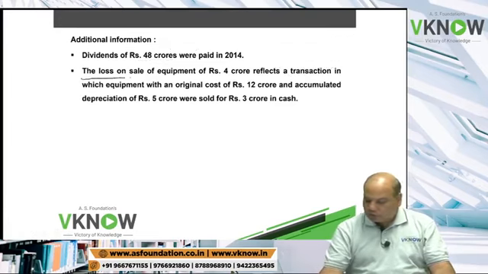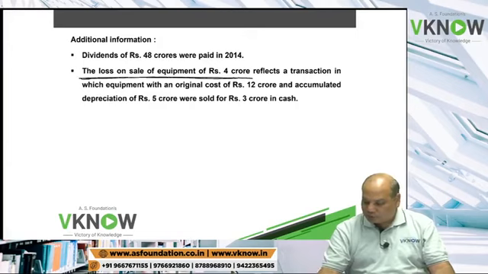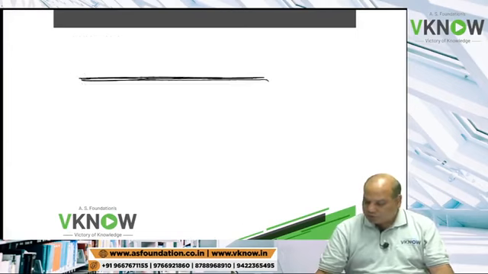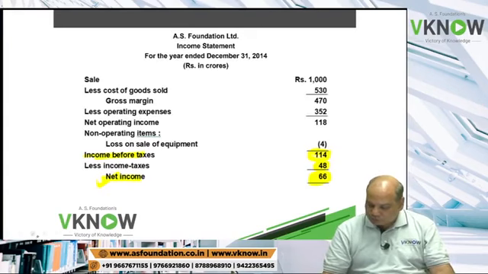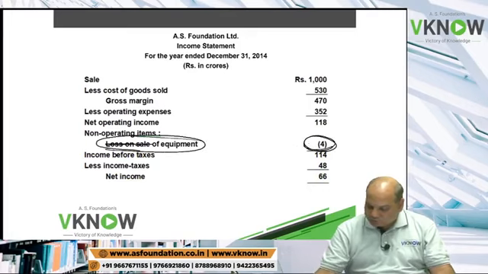Next, point number 2, in your book point number B: the loss on sale of equipment of 4 crore. Which loss on equipment are they talking about? This one on the screen, loss on sale of equipment of 4 crore.